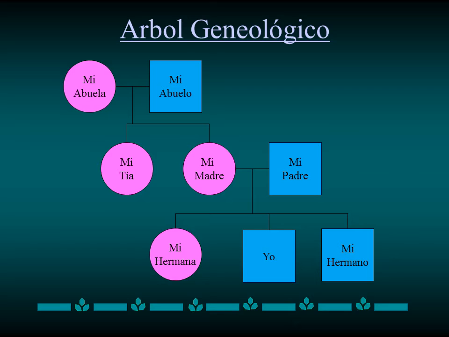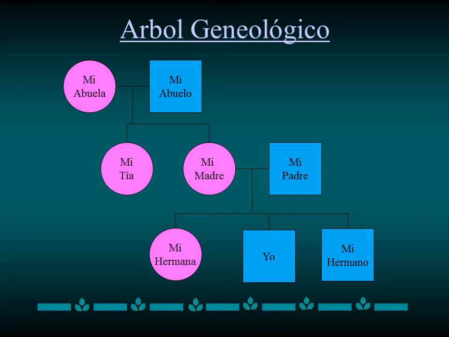So my mother's mother is my grandmother, mi abuela, and my mother's father is mi abuelo, my grandfather. And also, mi madre tiene una hermana. So my mother has a sister. La hermana de mi madre es mi tía, my aunt, mi tía.